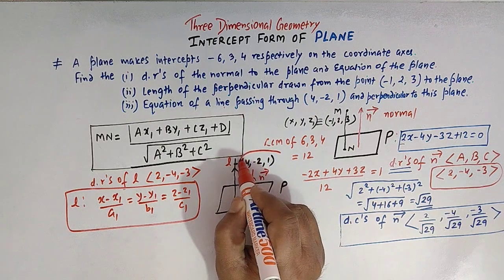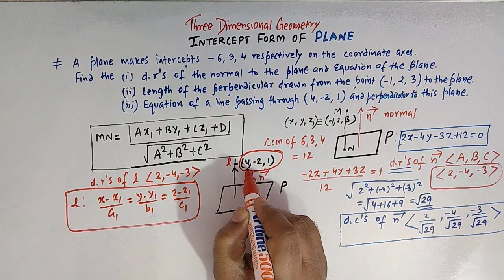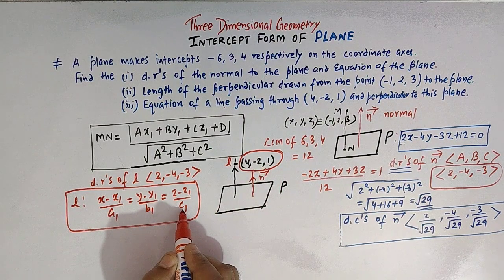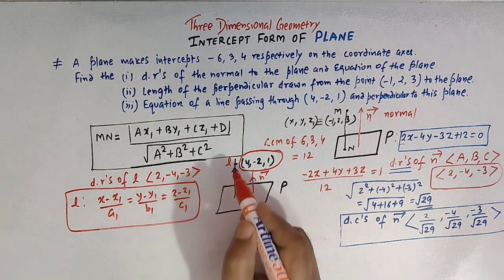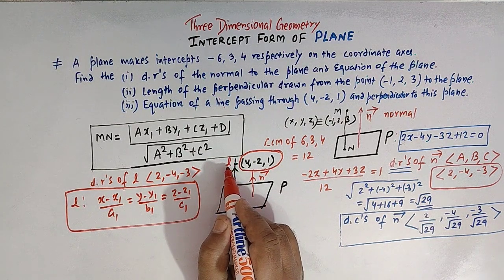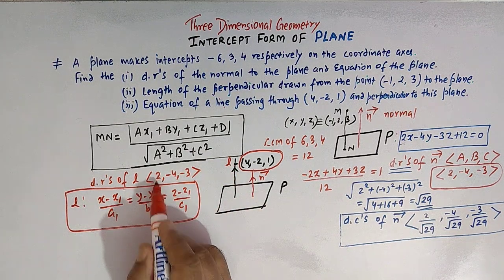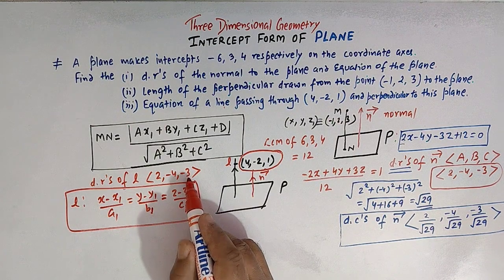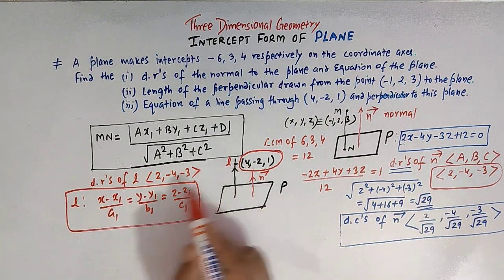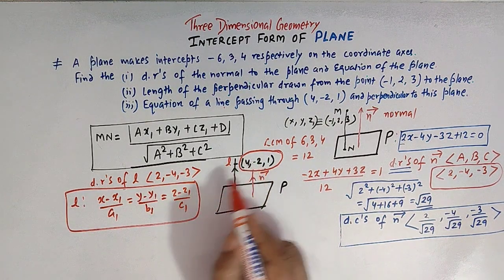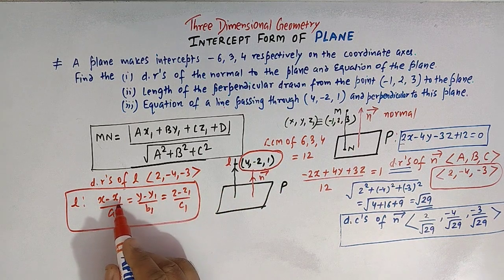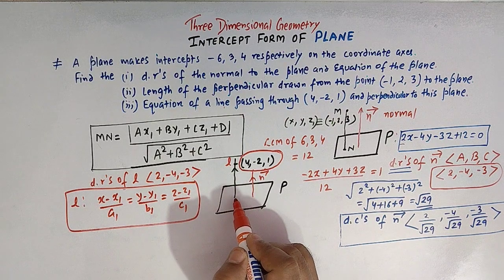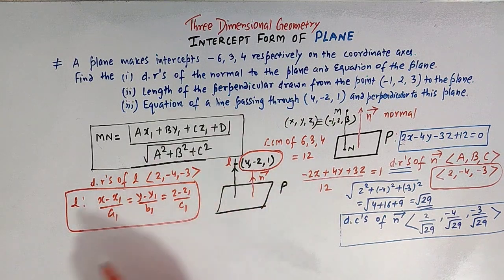So here the point x1 y1 z1 is 4 comma minus 2 comma 1, and a1 b1 c1 are the direction ratios of this line L, right? So a1 is 2, b1 is minus 4, and c1 is minus 3, right? And x1 is 4, y1 is minus 2, and z1 is 1, because x1 y1 z1 represents the point through which the line passes, right?